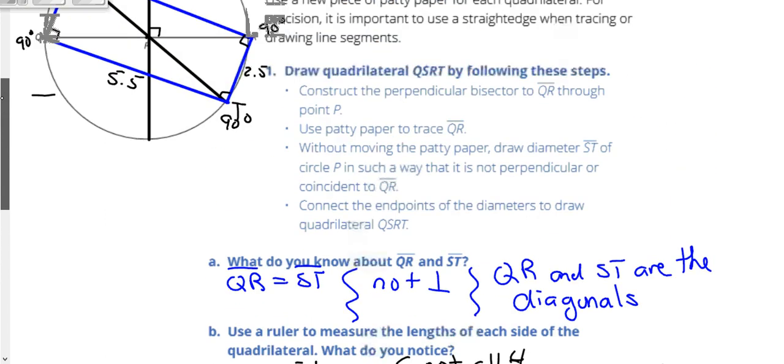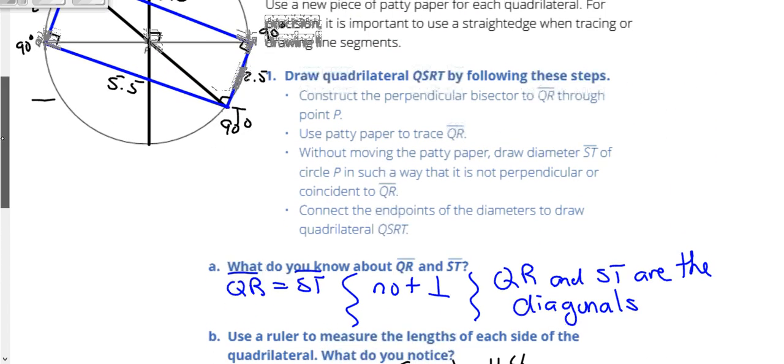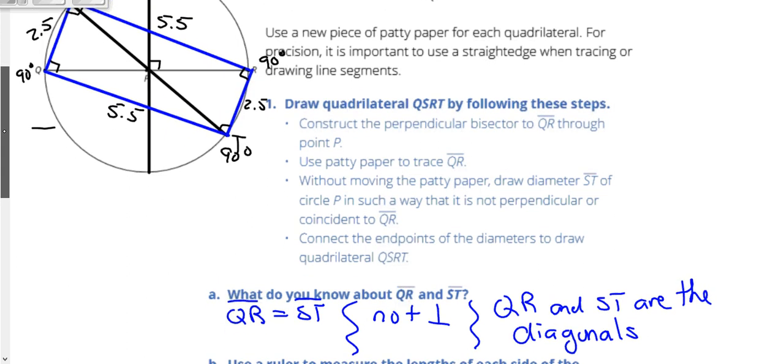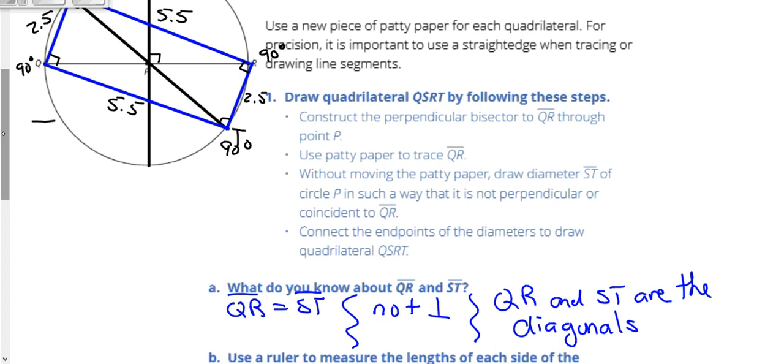So the other thing, all right, is that the diagonals bisect each other, just like in a parallelogram. So don't forget about that. But the key thing here is that the diagonals are equal.